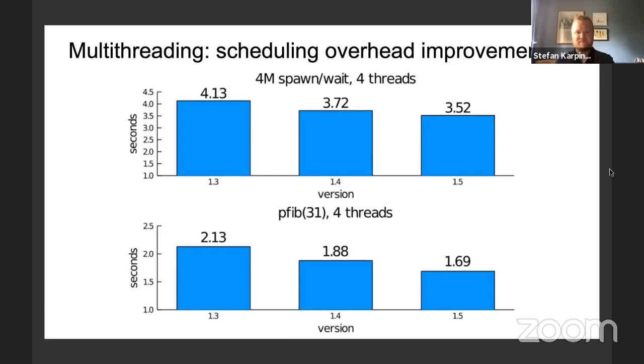We haven't yet put a very large concerted effort into this, but we've been chipping away at it part-time. And you can see where we've come since last year. On a couple of simple microbenchmarks, just doing a bunch of spawn and wait pairs, or the parallel tree recursive Fibonacci, we've come down about 15 to 20%. So it's not bad progress so far, but we'll be doing a lot more of this.